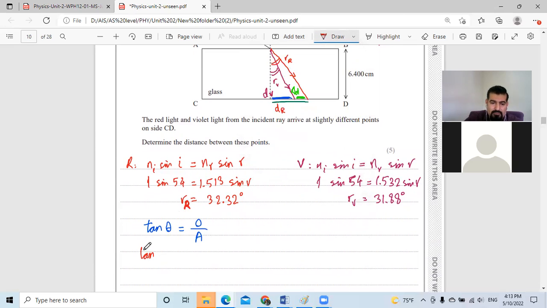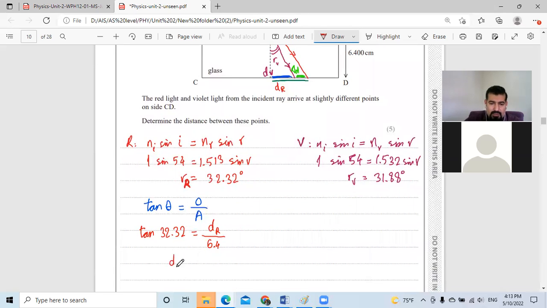So tan 32.32 equals the opposite, which is dr, divided by the adjacent, which is 6.4. It doesn't matter, I can keep it in centimeters. And by doing cross multiplication, the distance that deviates by red color will be 4.049 centimeters.